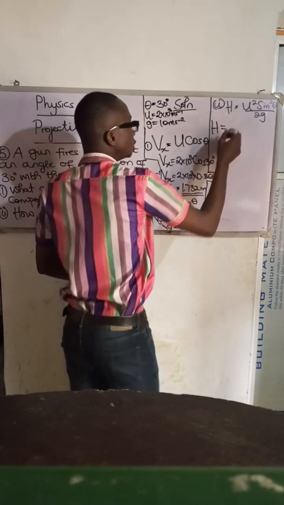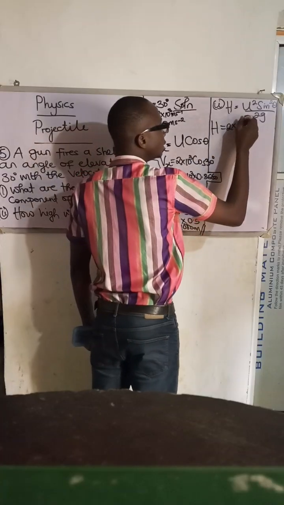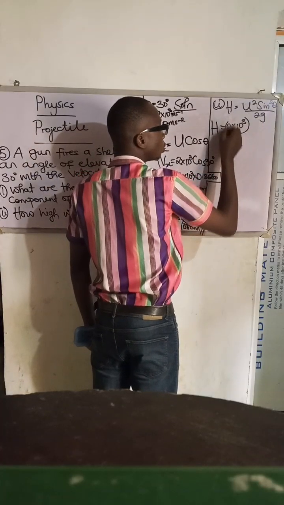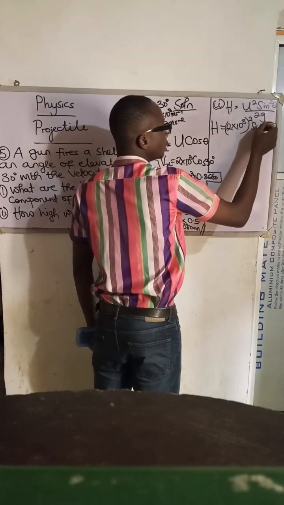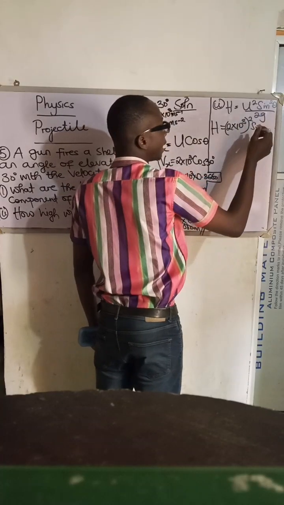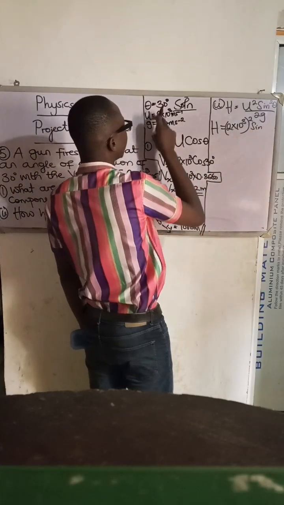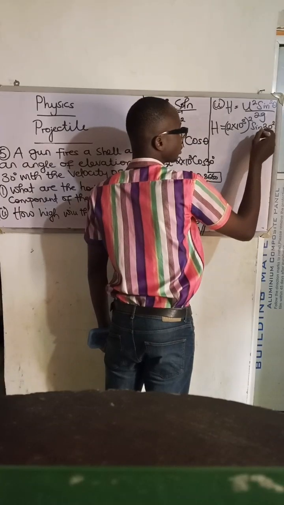U in this question is 2 times 10 to the power 3, but here it has a square, so it is all squared, times sine square theta. What is theta? 30, squared.